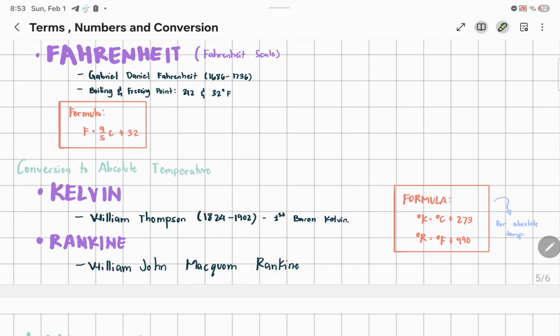So the formula is that if we convert degrees Celsius into an absolute temperature, that will be Kelvin. But if we convert degrees Fahrenheit into an absolute temperature, that will be Rankine. Just add 273 to degrees Celsius, and 492 to degrees Fahrenheit.